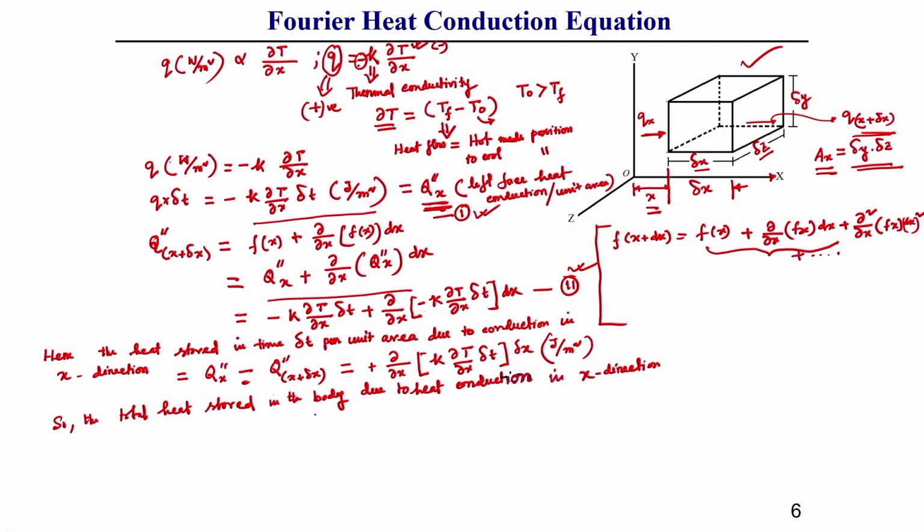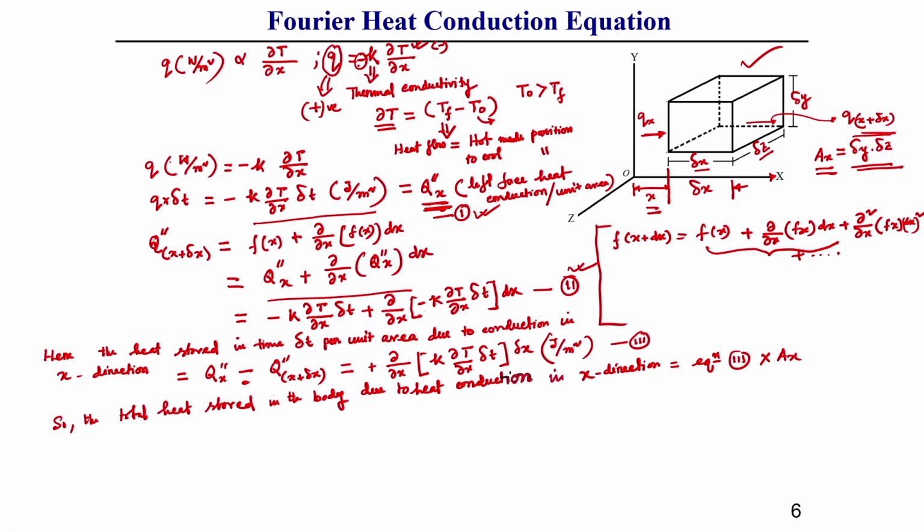So, the total heat stored in the body due to heat conduction in x direction will be equal to equation 3 into the cross-sectional area perpendicular to the x axis.